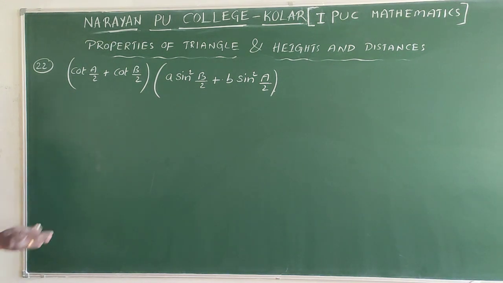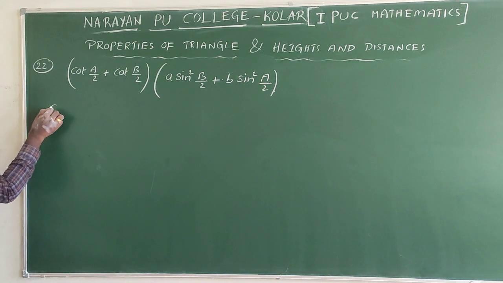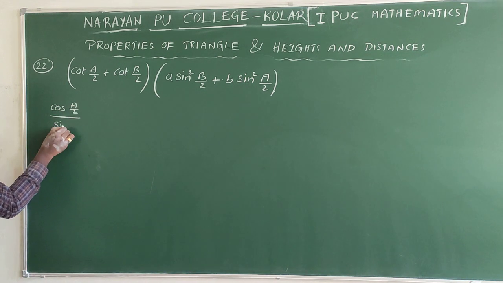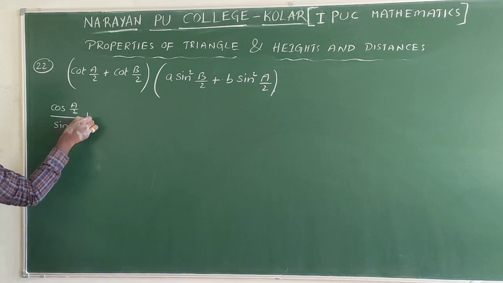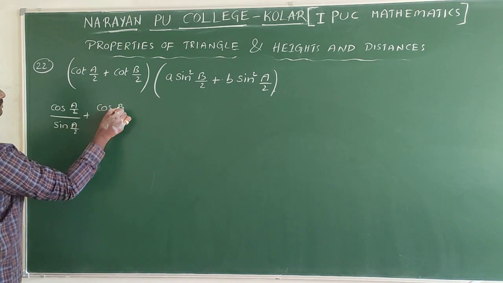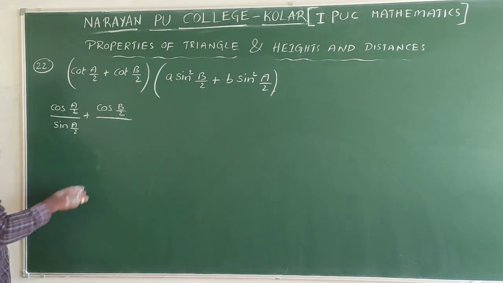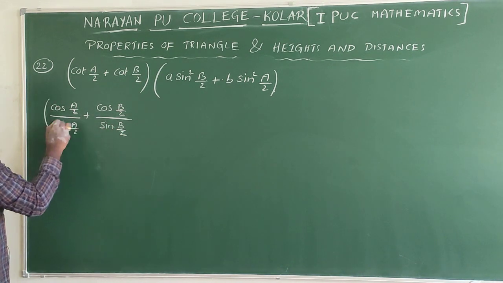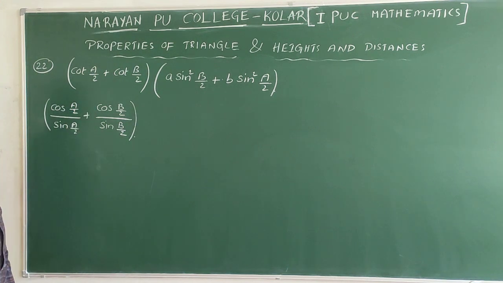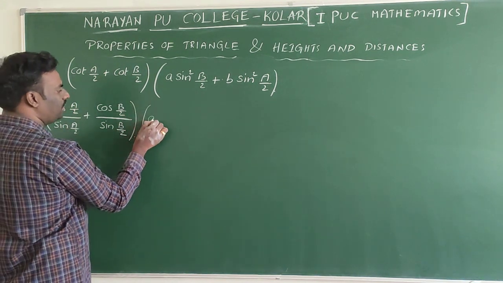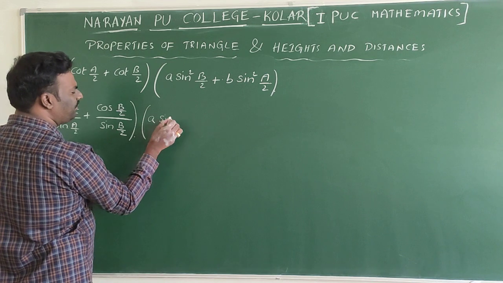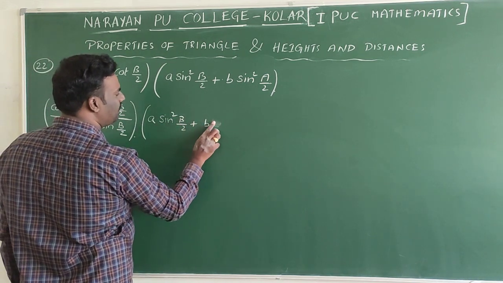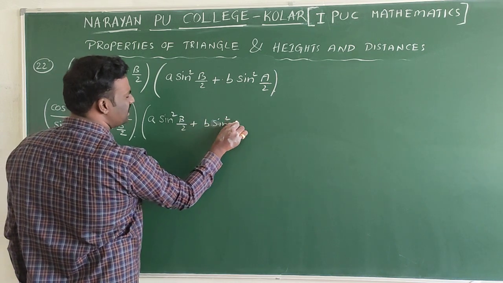Okay. Now this cot(A/2) can be written as cos by sin. This is also cos by sin, into A sin²(B/2) plus B sin²(A/2).